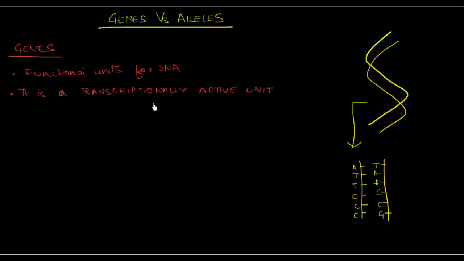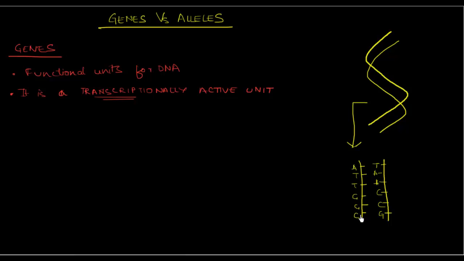Since the function of the gene is to produce a protein molecule, a functional molecule, it is referred to as an active unit. I would rather say an active functional unit for a DNA molecule. That's what a gene is all about.